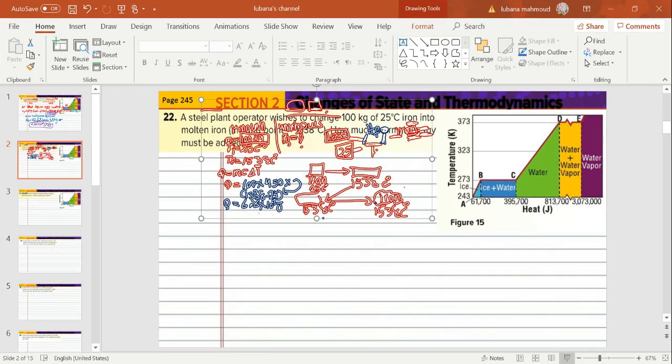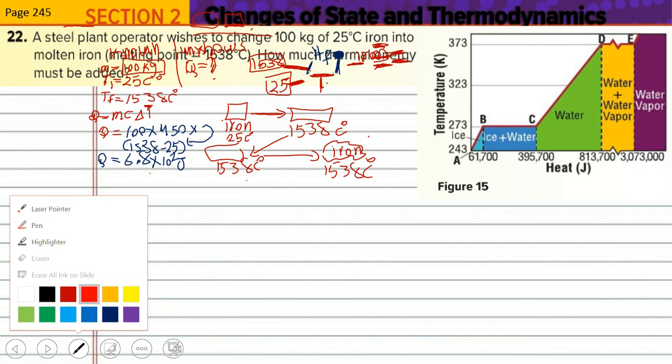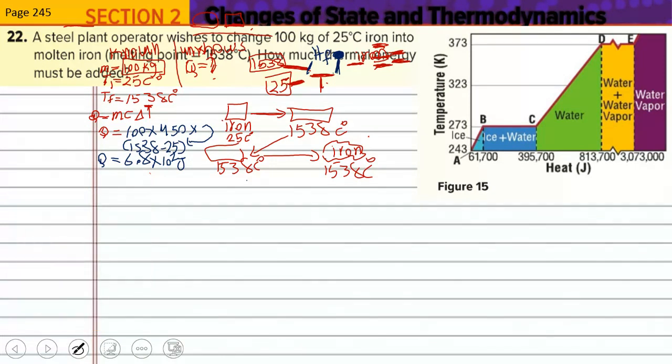Same steps, and we're going to solve the other part of the question. I will change the color also to see it clearly. So Q would equal, like I said before, m times heat of fusion.